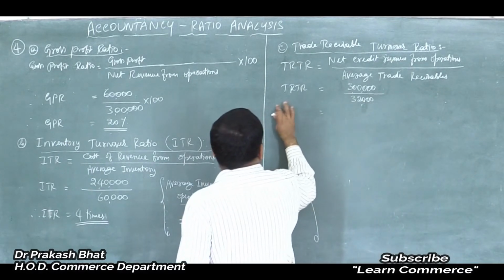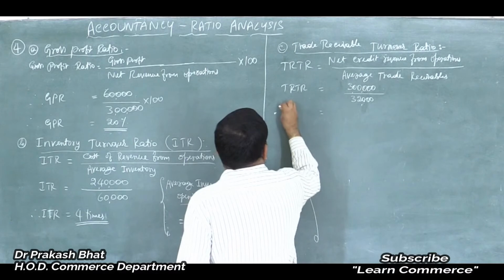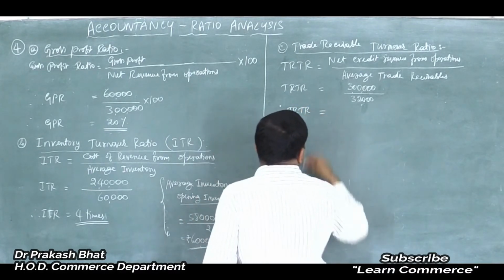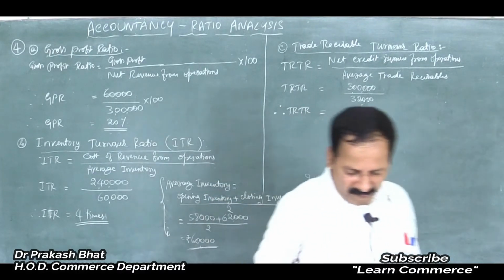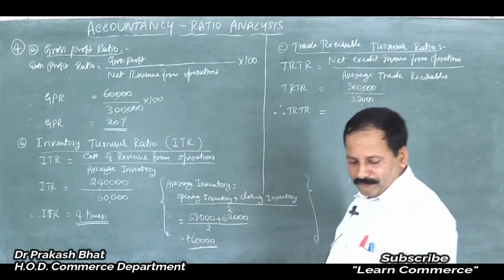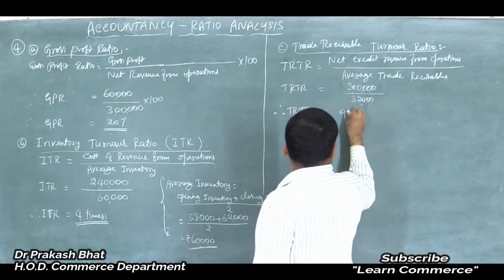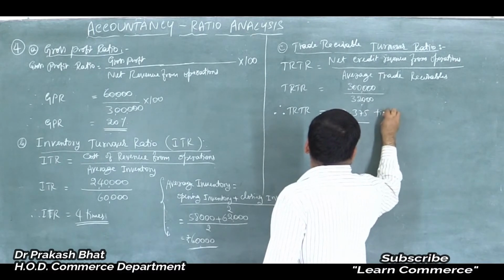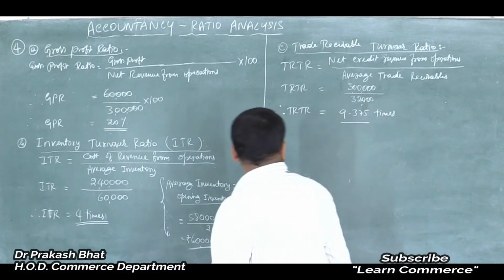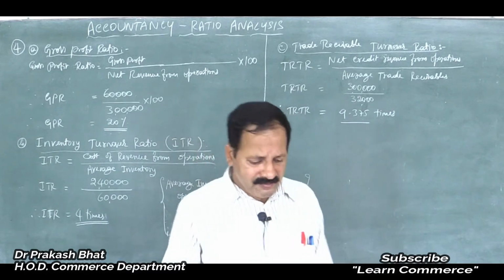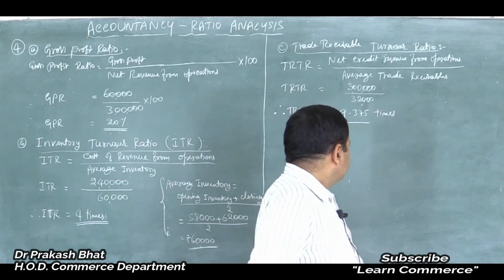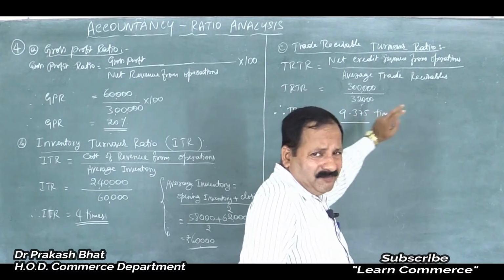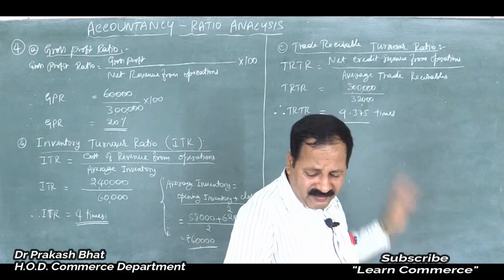Therefore TR is equal to how much? 9.375 times. It is given as 9.4. No problem. It becomes 9.4 only, isn't it? 375 is there, so they took it as 4. Makes no difference. You just write like this only.